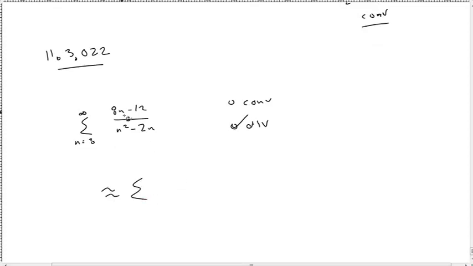Notice I have this minus 12. That's so inconsequential. What I have is an 8n, and on the bottom, what I would rather you see is just the n squared. I have an n squared, and I got a 2n, so you can plug in 1,000 or whatever. 1,000 squared is huge. And then you're saying, well, minus 2 of those guys.